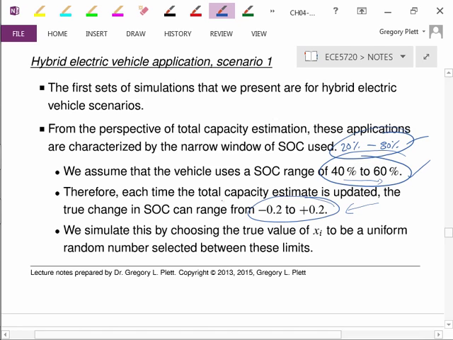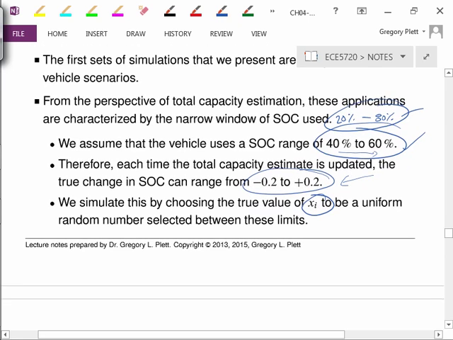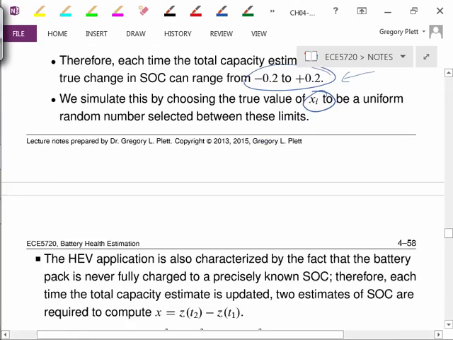What I do in the simulation is whenever I update the capacity, I assume that occurred because of one of these things, so I randomly choose my xi for that update to be a uniform number between minus 0.2 and plus 0.2. So I don't simulate the whole drive cycle, I don't simulate anything like that, I just simulate a random number between plus minus 0.2.